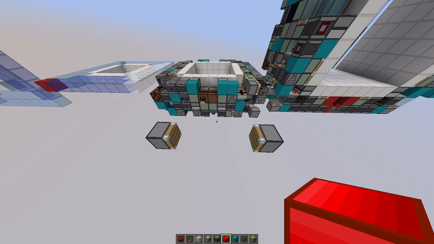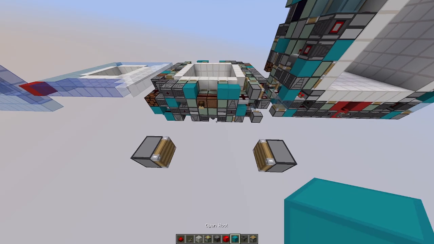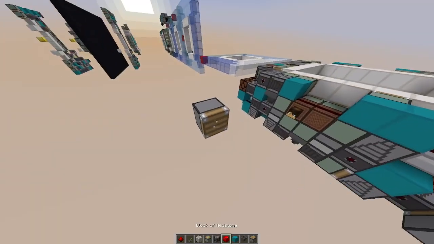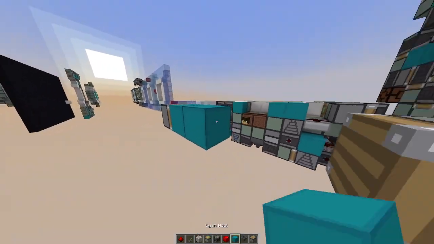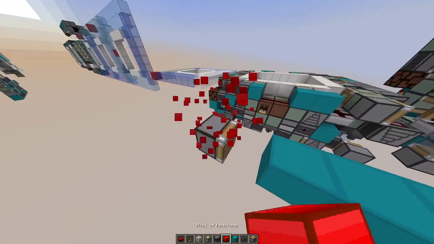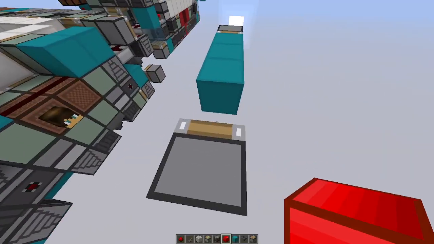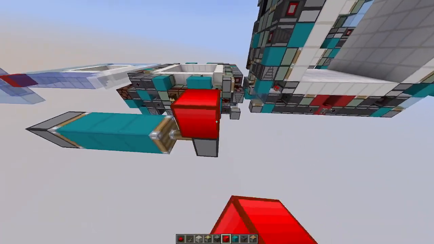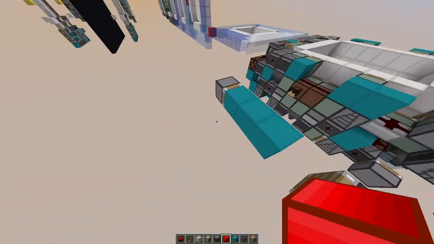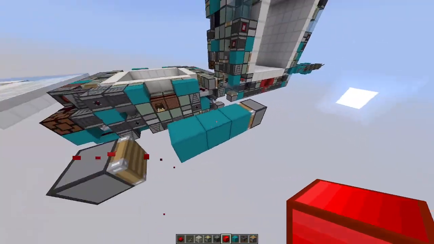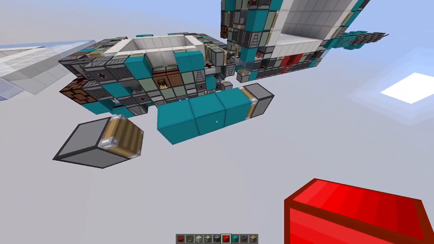Their operation principle is very similar to SR latches. If you recall SR latches, when I power this piston, it would basically do something like a set. If I power this piston, it would do something like a reset. So you cannot set multiple times, it will just be in the set position.